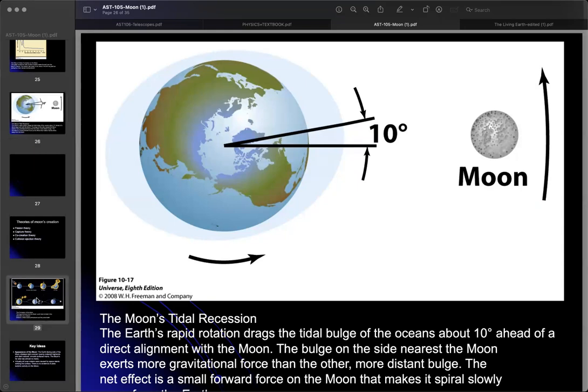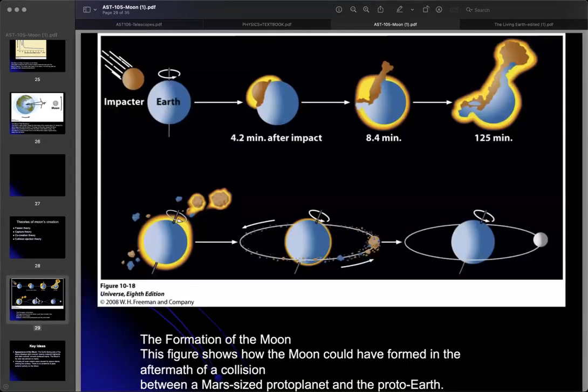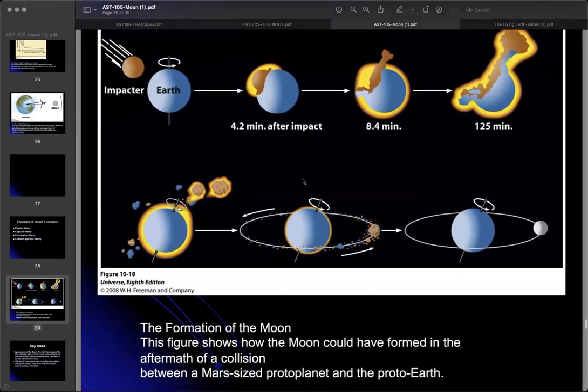Now, the last topic is how the moon was formed. It is thought that the moon was formed because a Mars-sized object named Theia impacted the Earth, and that is what caused the Earth's axis to be tilted.